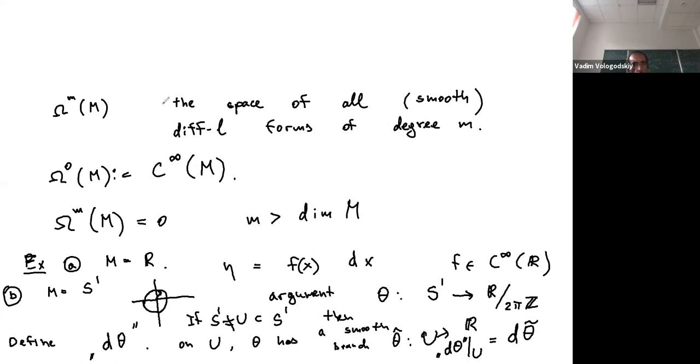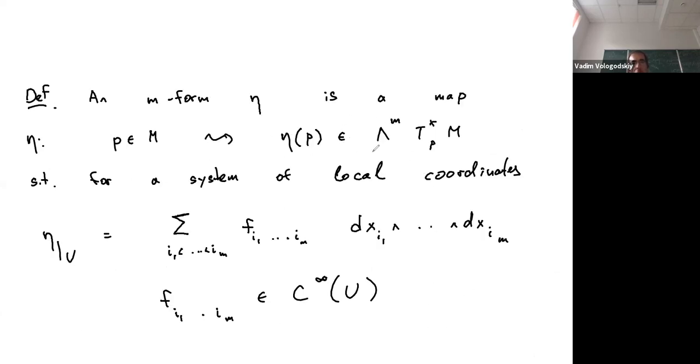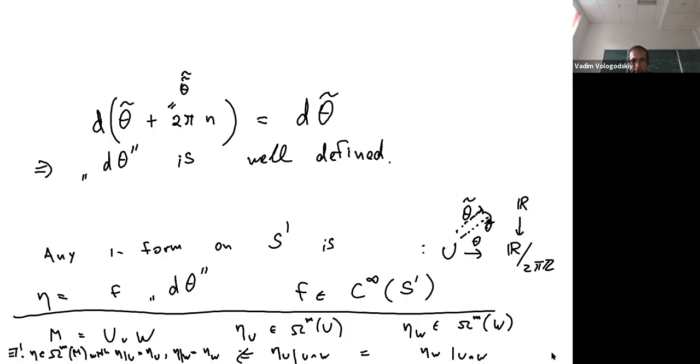For now, I am going to use this definition of forms, and then it's clear how you can multiply a form by a function. Locally, you can write any form in this way, where f is an arbitrary function. If you want to multiply an expression like this by a function, you multiply each coefficient by the function.